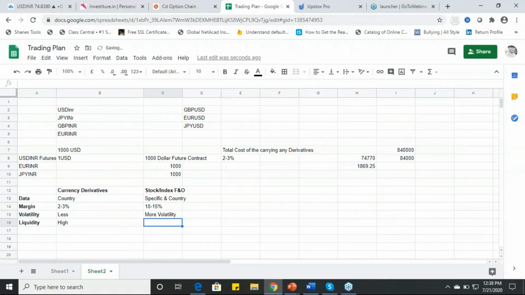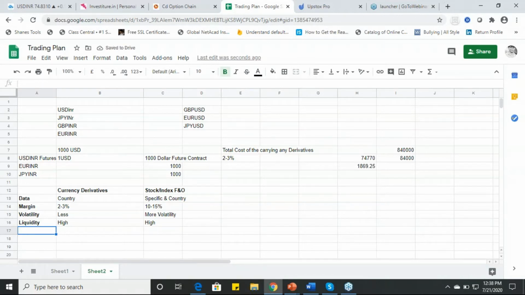In stocks, you find some stocks have low liquidity even on the future contract or on some contracts, or in the options also. In index also, somewhere in the far OTM options, you'll get a lot less liquidity. But in currencies, the liquidity is more. Liquidity is high, but yes, there are some instruments or strike contracts where liquidity is also less. That's the most important thing that impacts decision-making power.